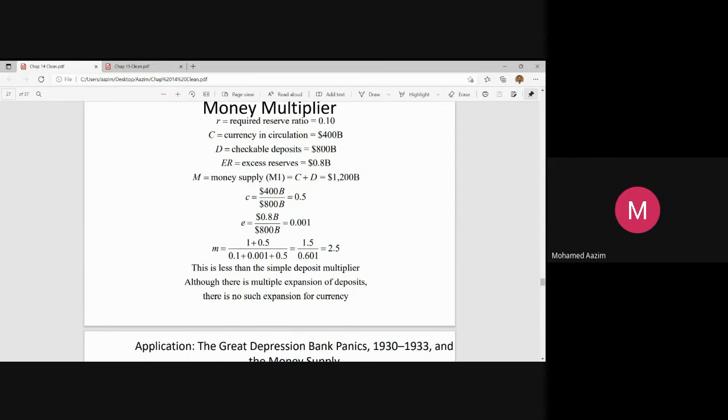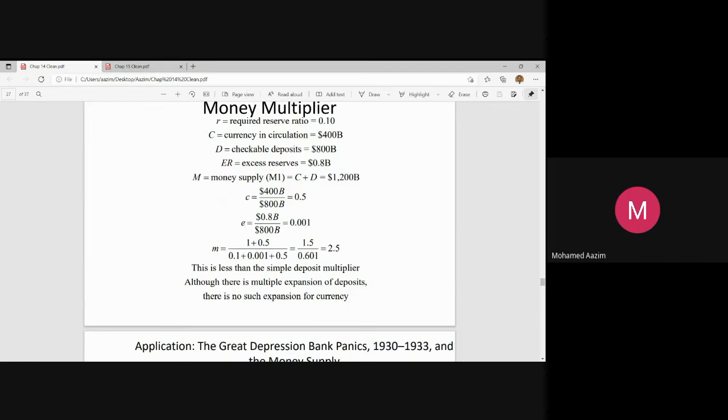For us to easily understand, let's take it. Required reserve ratio is 0.1. You know, currency in circulation is $400 billion. That is C, not small c. This is not a ratio, but it is C, currency in circulation.